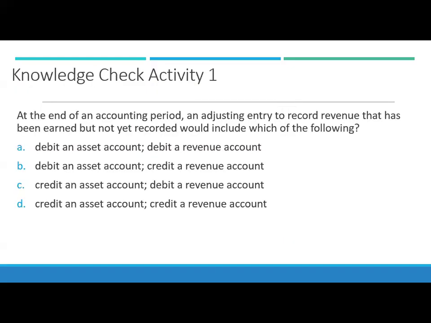At the end of the accounting period, an adjusting entry to record revenue that has been earned but not yet recorded would include which of the following? Anybody have any ideas?